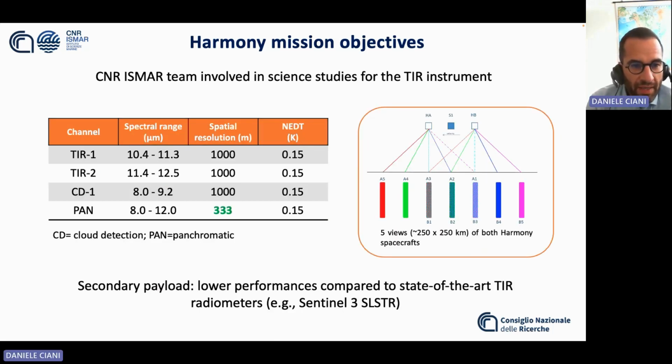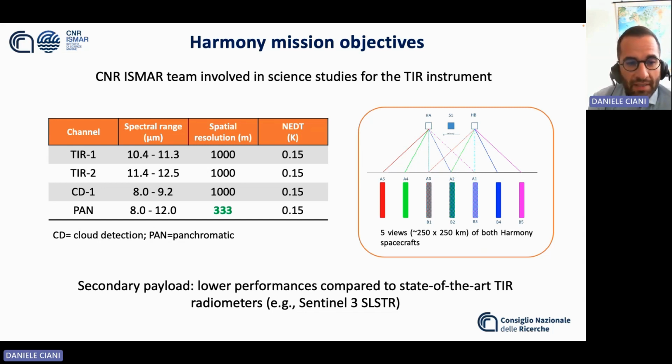So with colleagues in my institution and other colleagues you saw mentioned in the introduction, we have been working on the thermal infrared payload that will embark 4 channels, TIR 1 and 2, a channel dedicated to cloud detection, and a panchromatic channel, a broadband channel in the 8 to 12 micrometer range.